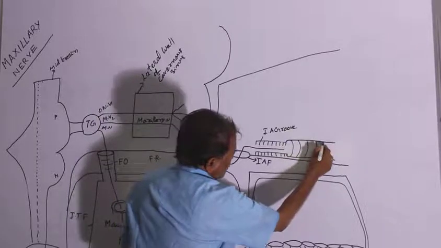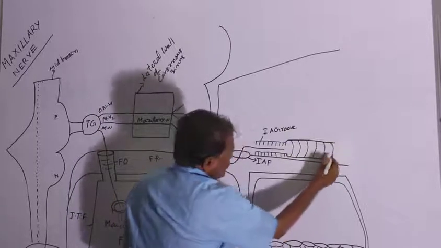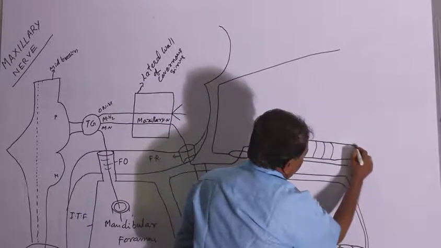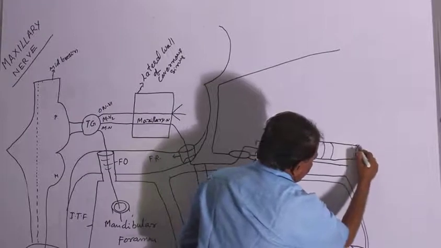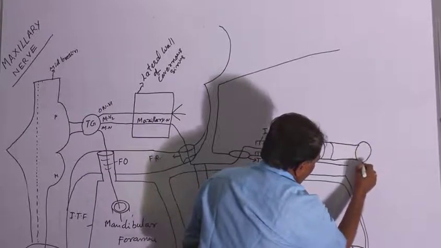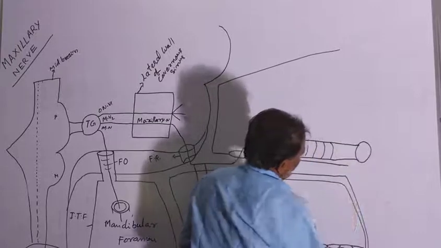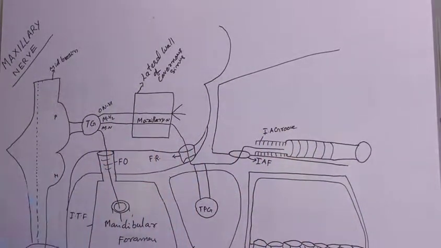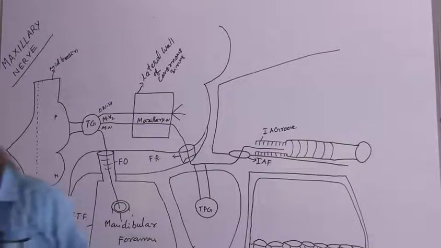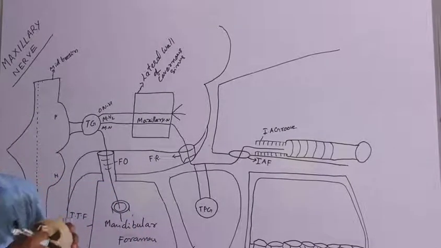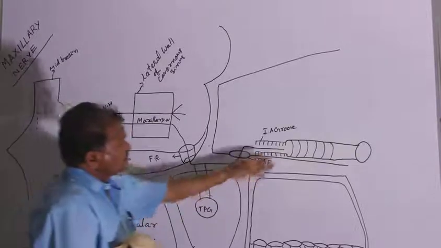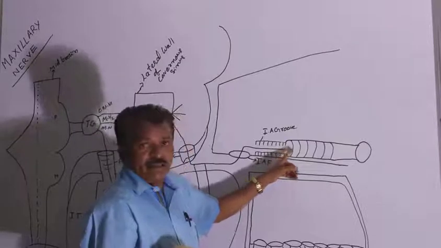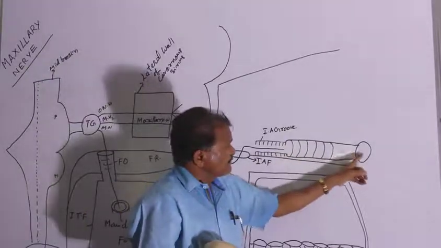This is called the infra-orbital canal. This infra-orbital canal runs anteriorly, and at this level there is the infra-orbital foramen. Here you see this one is the infra-orbital foramen. On the back side there is the infra-orbital groove, and in the front there is the infra-orbital foramen.